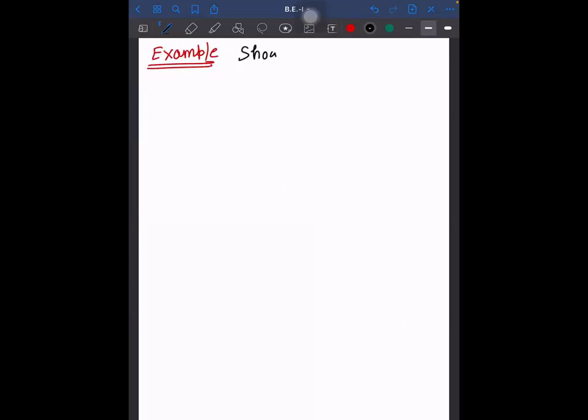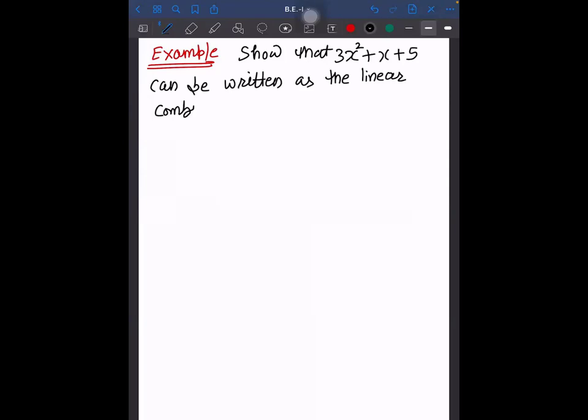Show that 3x squared plus x plus 5 can be written as the linear combination of x cubed, x squared plus 2x, x squared plus 2, and minus x plus 1.